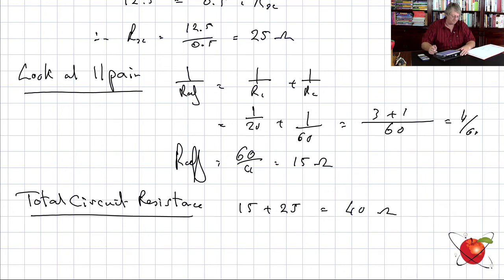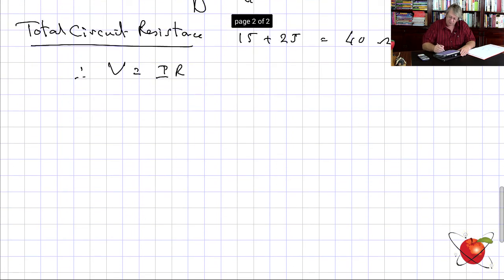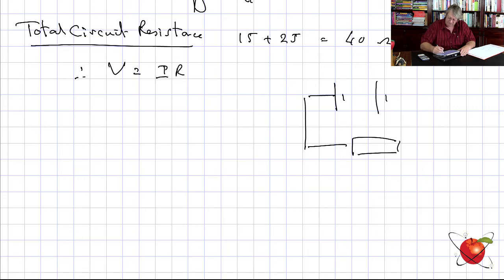Now you could also say V equals IR, because we've broken it down to that one resistor of 40 ohms for the whole circuit. Now, if that was 20, what is I?